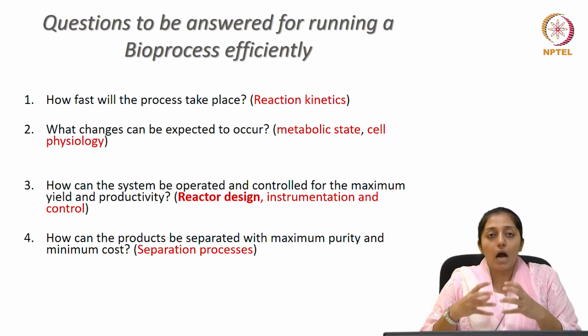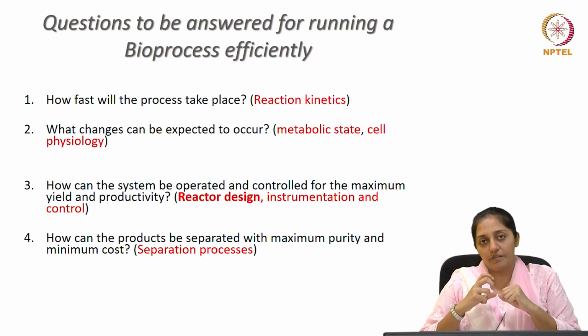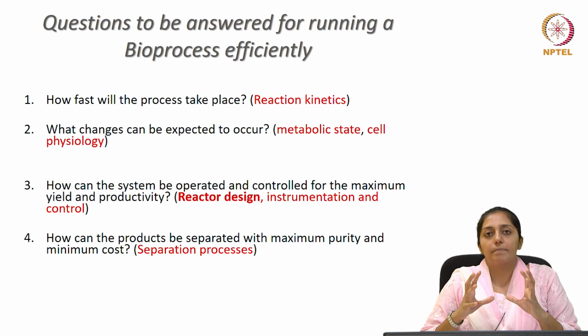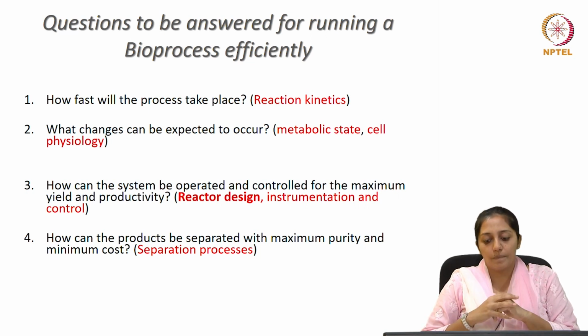One should know how can this system be operated and controlled for the maximum yield and productivity, be it in terms of biomass or in terms of product. So this step is where reactor design plays a crucial role.